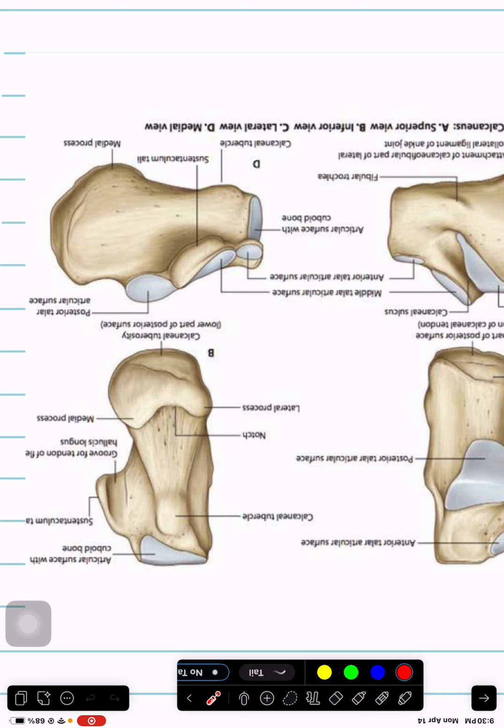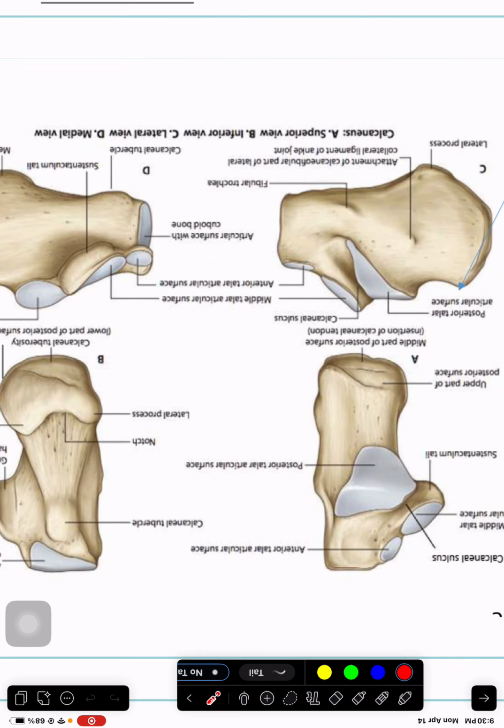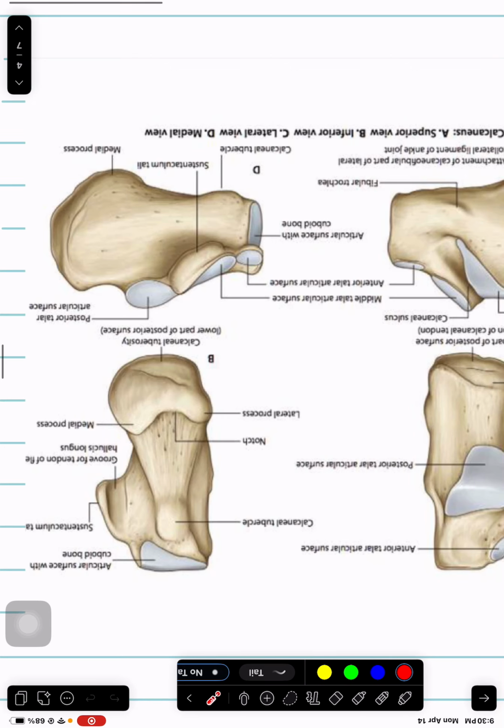Here again, you see the sustentaculum tali, that you can also see here from a different view. Under it, or depending on how you're looking at it, on the inside of it, you have the groove for the tendon of the flexor hallucis longus passing through it.